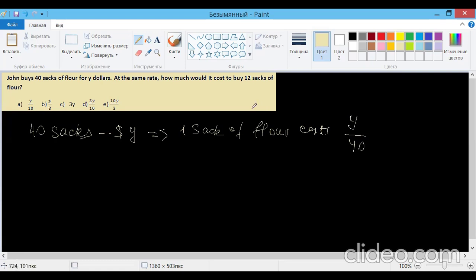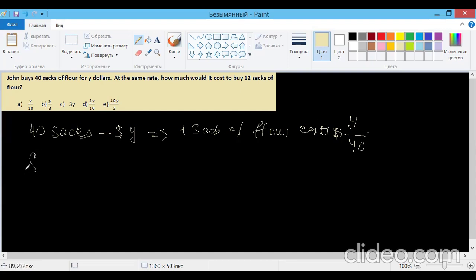And somebody else wants to buy 12 sacks, right? So if one sack of flour costs Y over 40 dollars, in order to calculate the sum of money somebody needs to pay for 12 sacks, we need to multiply this rate by 12.